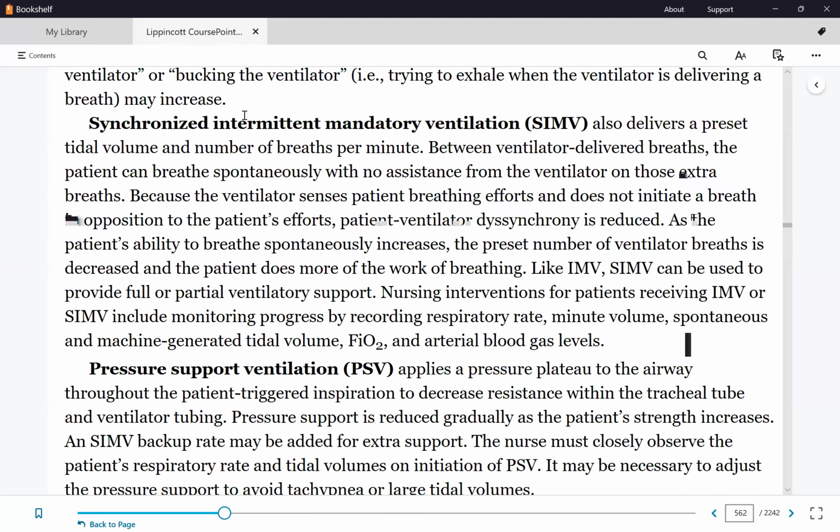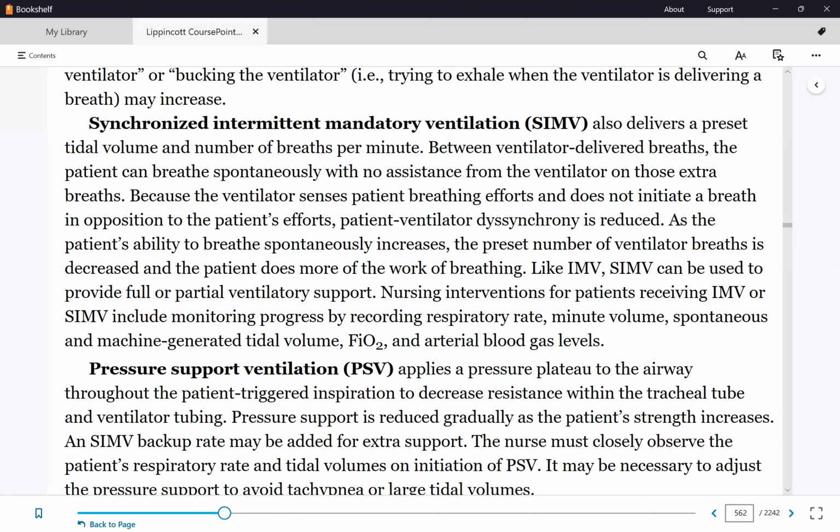So what is SIMV? This is designed for a better patient. The patient that was in AC or CMV, but then got better, we'll put on SIMV. SIMV is synchronized intermittent mandatory ventilation. It's still a volume mode, so just like AC, it has a preset tidal volume and a preset rate.